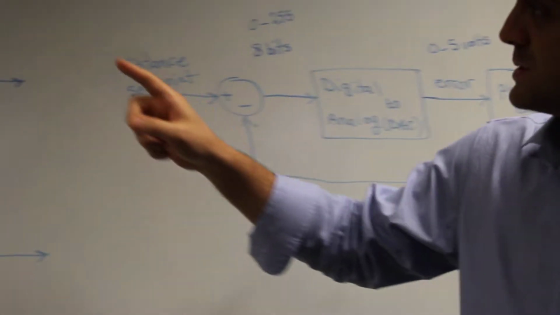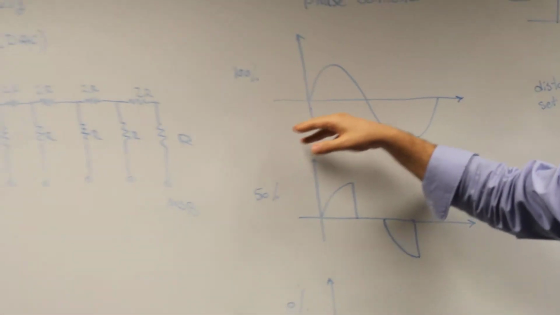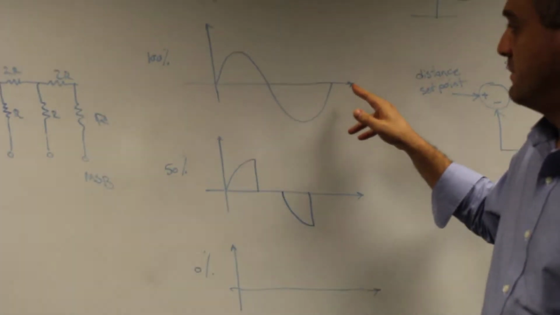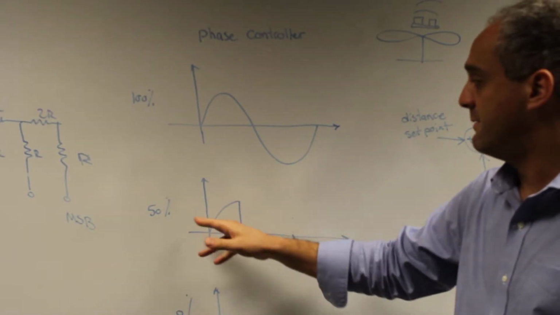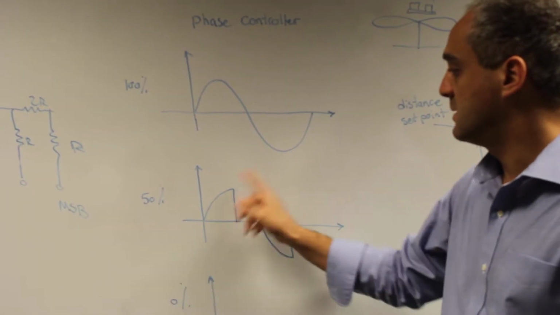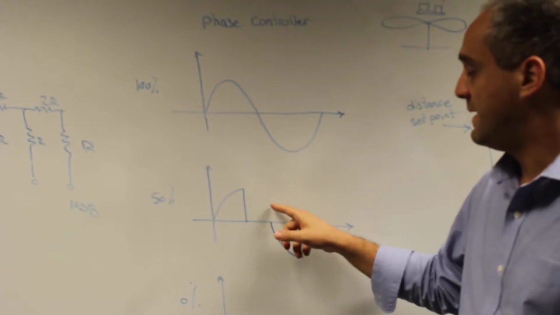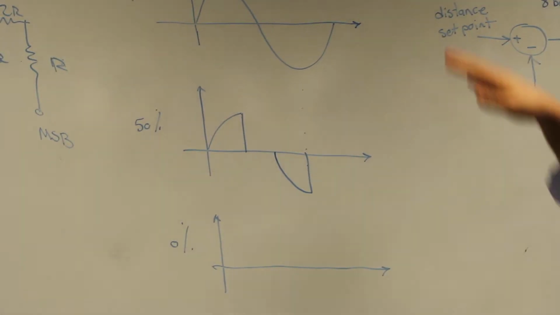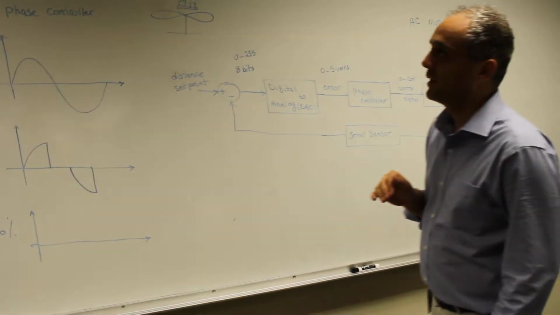If it's at 100%, you have the full cycle of the signal. If it's half, then half of the signal will pass, and since we have half, we have half the speed. And if it's 0, we have 0. That's how the phase controller works.